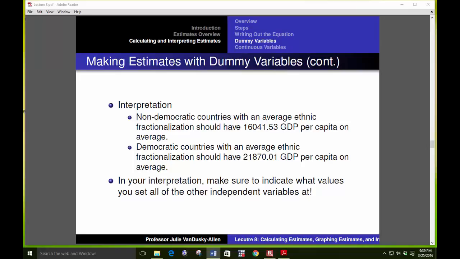The second equation tells me the average GDP per capita of democratic countries with average ethnic fractionalization. So I can say democratic countries with an average ethnic fractionalization should have 21870.01 GDP per capita on average. When interpreting your estimates, make sure to indicate what values you set all the other independent variables to.